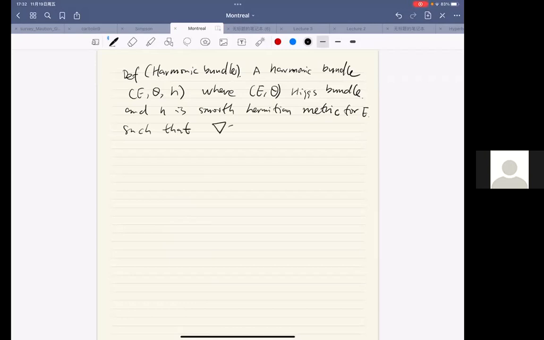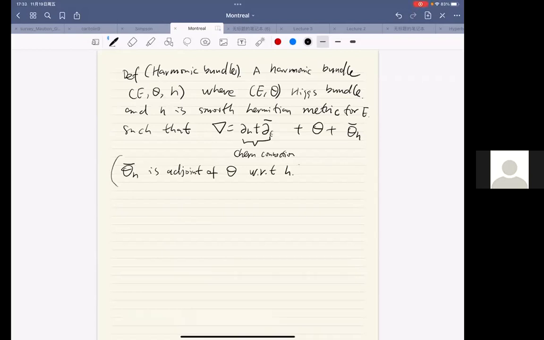the connection defined by first the Chern connection, this is the 1-0 part of the Chern connection, this d bar is the d bar of E, plus theta, plus theta bar H, where theta bar H is the adjoint of theta with respect to H, the smooth Hermitian metric.